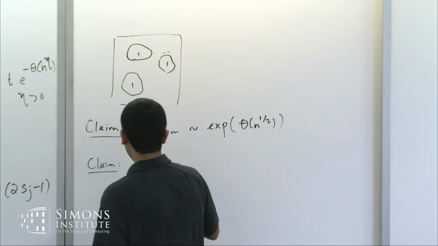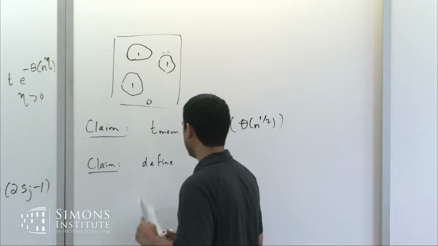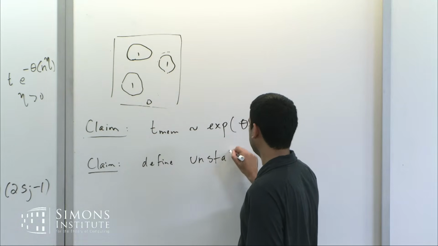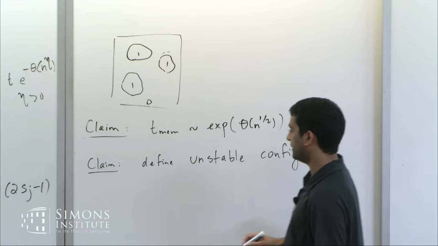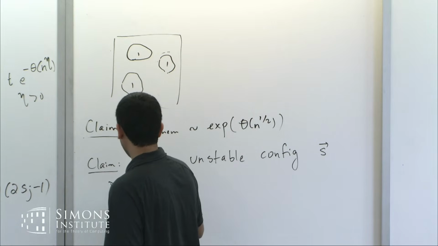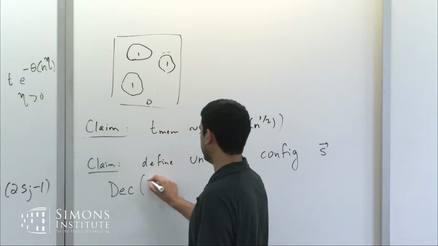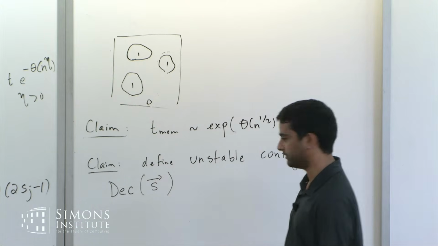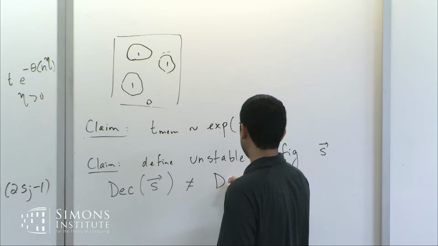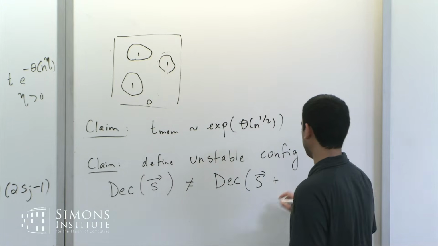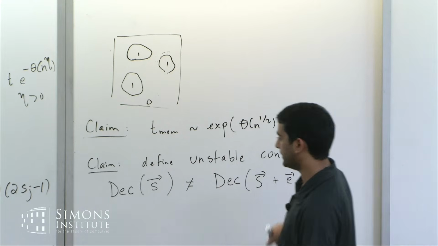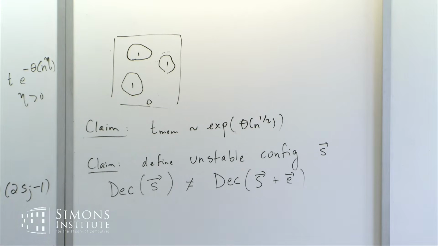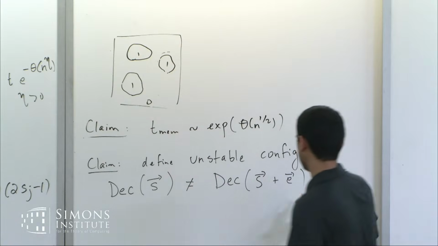The way we do it is we define an unstable configuration S to be one in which, when we apply a decoder to the configuration S and try to decode the value, it does not equal the decoder acting on S plus a single bit error. This E has Hamming weight 1, so it corresponds to flipping a single bit, a single process in the Glauber dynamics which flips the value of the spin.